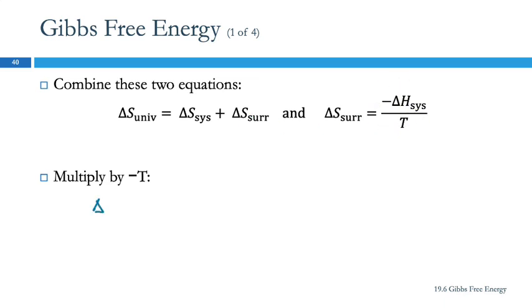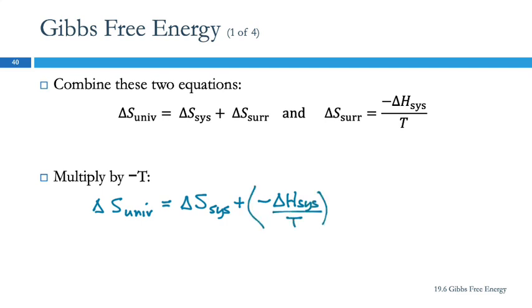So we'll get delta S for the universe is equal to delta S for the system plus negative delta H system divided by T. And then I put this in here because I always forget what to do next.